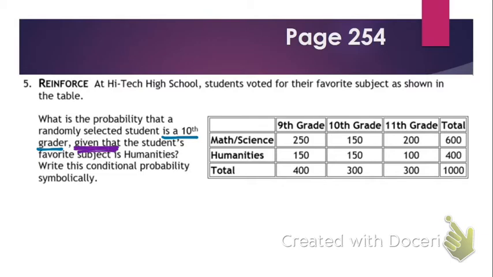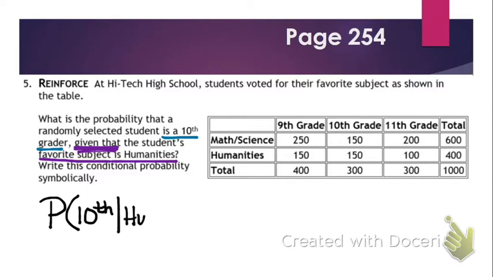Something I already know. I want to know what's the probability they're a 10th grader if I already know their favorite subject is humanities. So my probability statement for this would have a capital P. They're a 10th grader. I already know that their favorite subject is humanities.